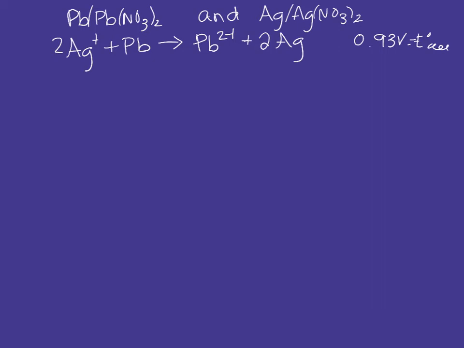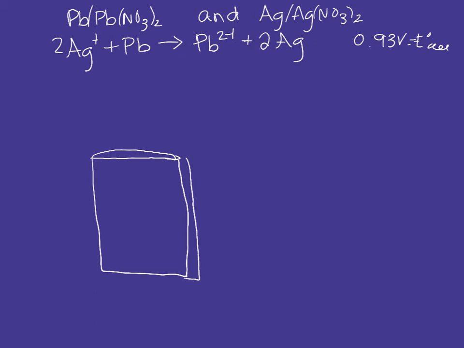Okay, so when we draw this, we're going to draw 2 separate beakers. Now, sometimes what's kind of interesting is these aren't completely separate from one another. Sometimes they'll actually sit directly next to each other, and I'm going to draw it that way just so you see one of these.